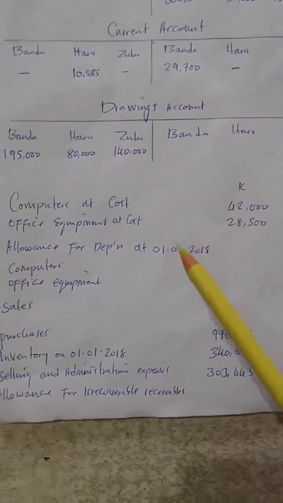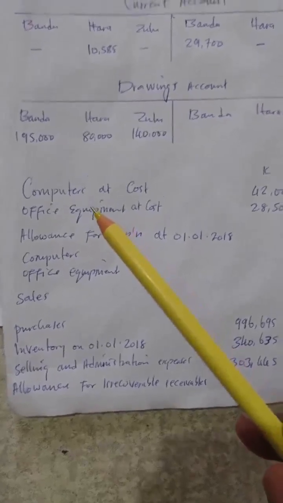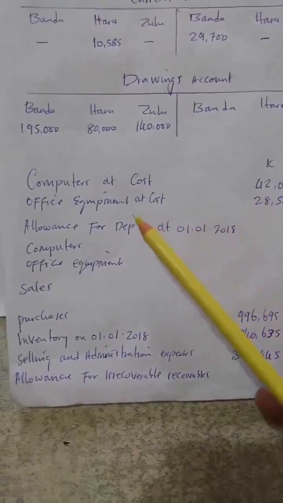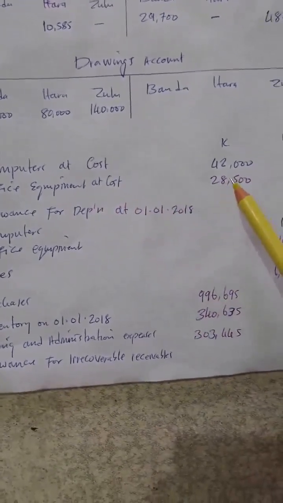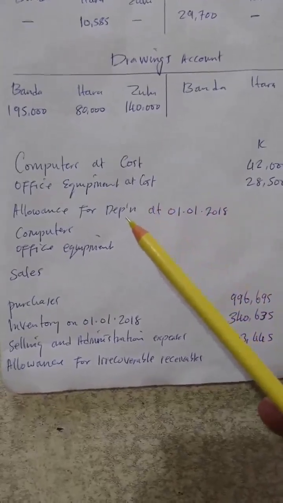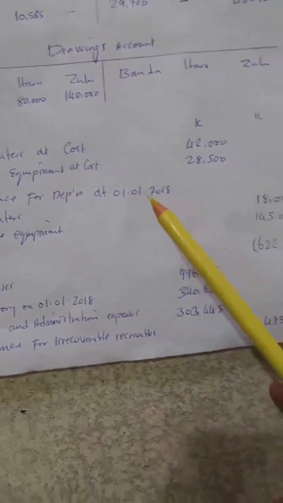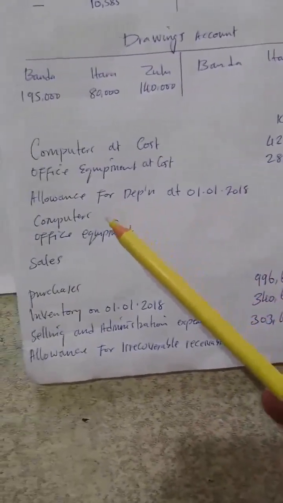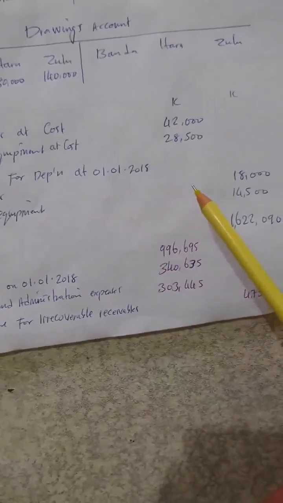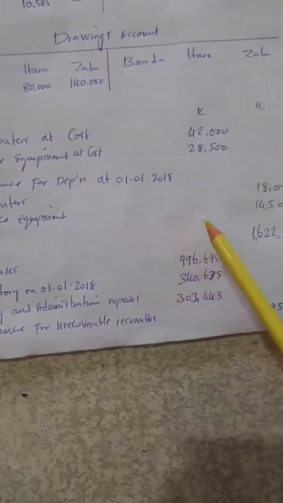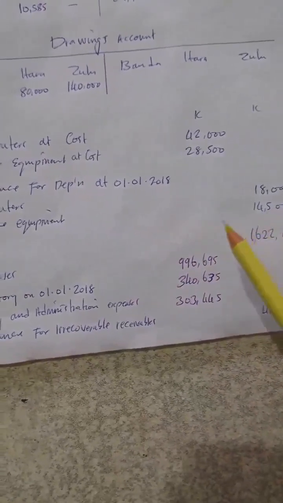And then the other information available is computers at cost, office equipment at cost, allowance for depreciation at 01/01/2018. We have computers, that's 18,000 kwacha, office equipment 14,500 kwacha.